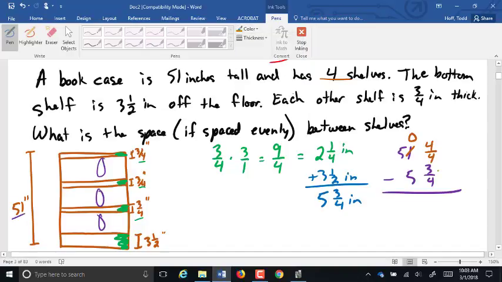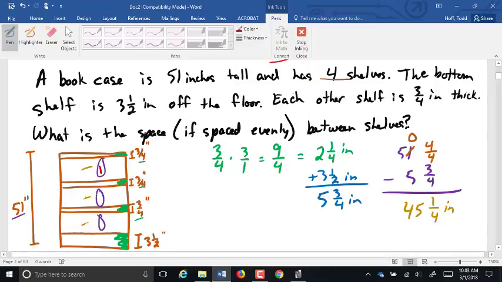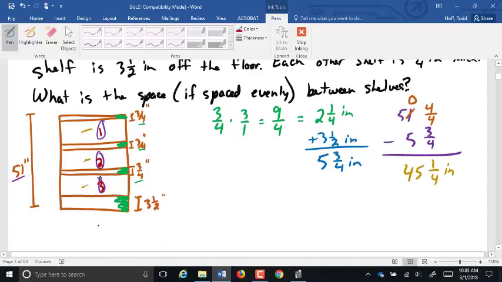Now we can subtract. 4 minus 1 is 1/4. 50 minus 5 is 45. So the total open space here is 45 1/4 inch. How many spaces are there? 3, right? So that 45 1/4 inch is going to be split evenly between those 3 spaces.